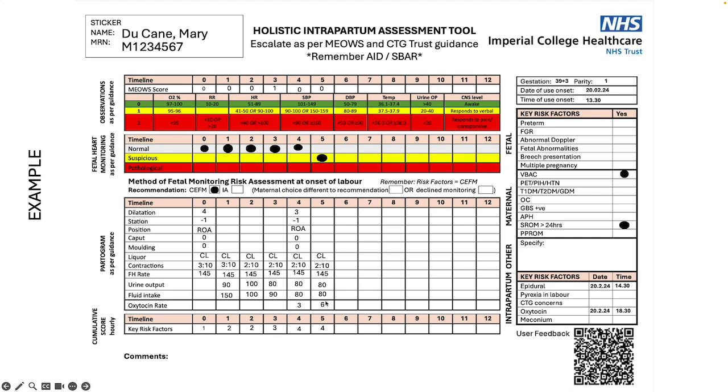So probably because of the CTG being suspicious, they have not been able to go up with the Synto further. Conservative measures are taken due to the suspicious CTG, and then that recovers, and then labour continues, and we increase the Synto. Three hours down the line is the next time for the next examination.